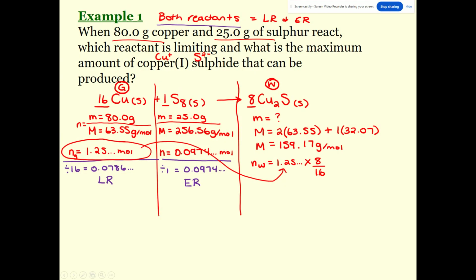So my wanted over given is 8 over 16. So if I take that answer again from my calculator, multiply by 8 over 16, I get an answer of my moles of my wanted being 0.629 so on moles.